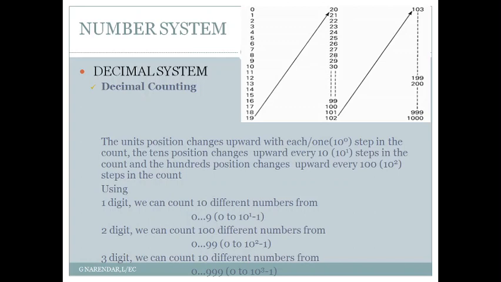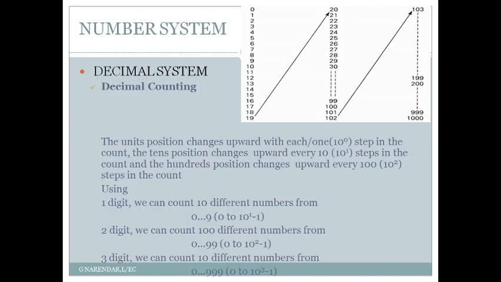So here you can observe that the units position changes upward with each step in the count, and the tens position changes upward for every 10 steps in the count. For example, in 1 0, the 1 changes to its higher digit 2 after 10 counts, that is, from 1 0 to 1 9, 10 counts are completed.